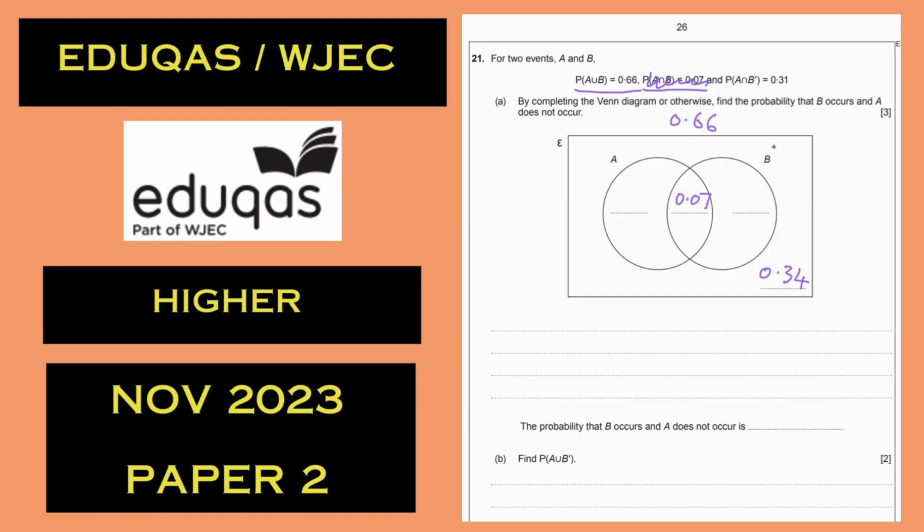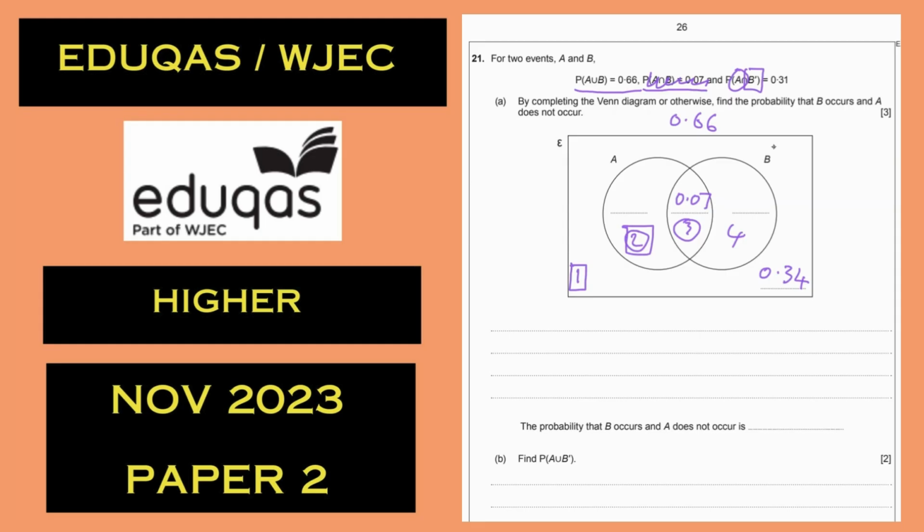What's next though? The probability of A intersection B dash. There's 4 sections on a Venn diagram: 1, 2, 3, 4. Which ones are we interested in? We're only interested in the crossover between those inside of A, that's them, and the outside of B. That's outside B, so is that, and they're not.